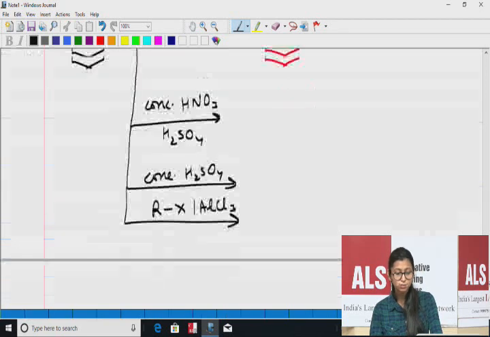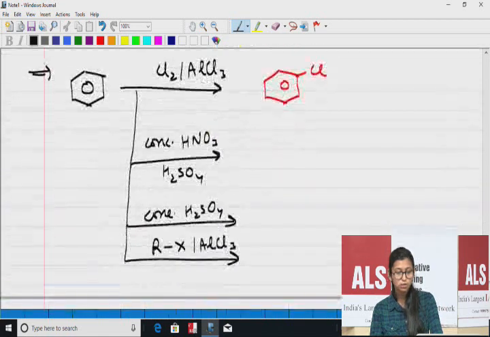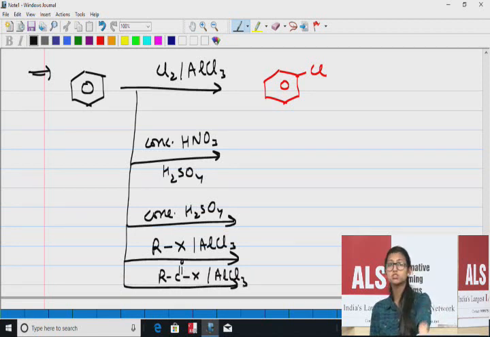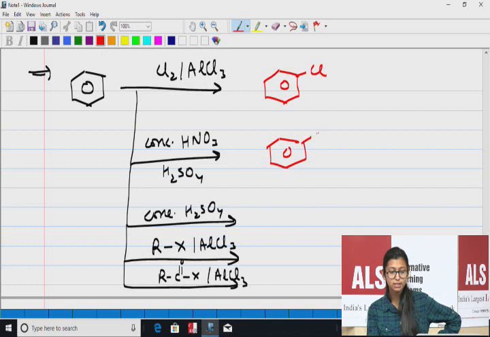and we can have one more example of RC double bond OX in the presence of AlCl3. So these are all the five examples we have done. You already know the products. In this case, we will get nitrobenzene. In this case, we will get SO3H, which is sulfonic acid.